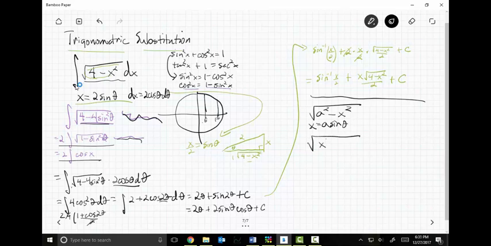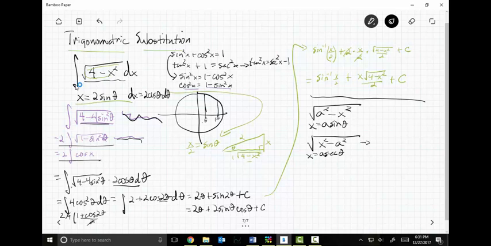The other form is x squared minus a squared. But look close over here. Do you agree that tan squared of x is equal to secant squared x minus 1? Now, I have an a squared here. However, if I let x equal a secant theta, then watch what happens.